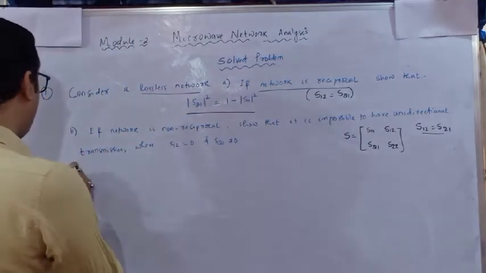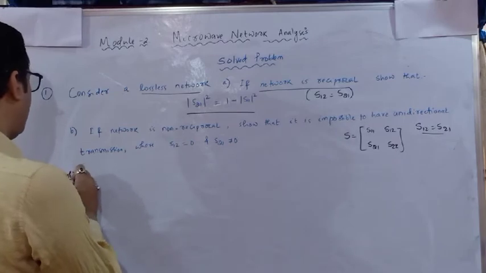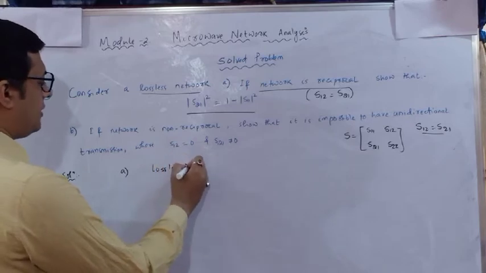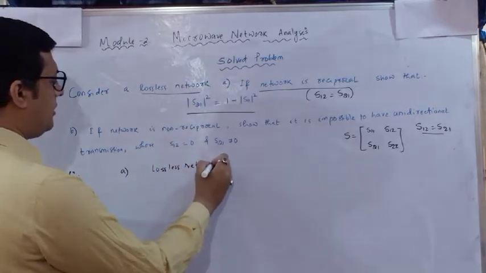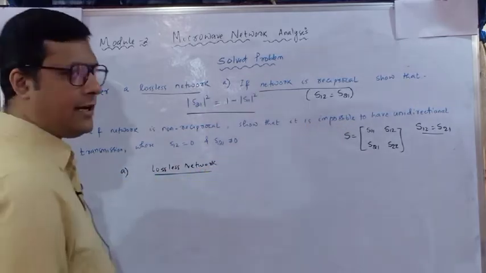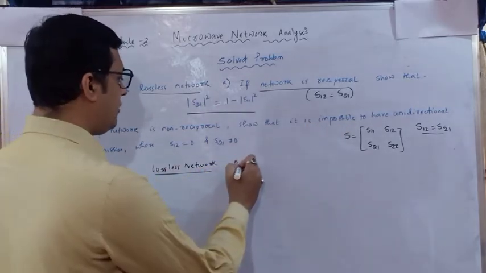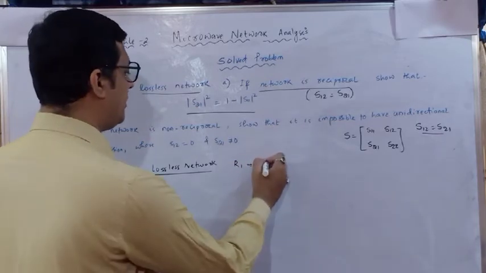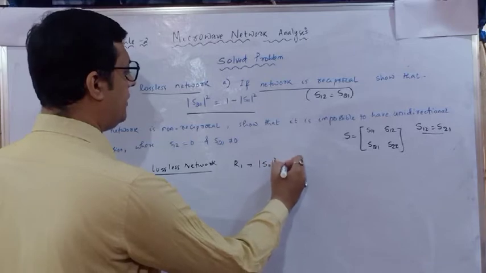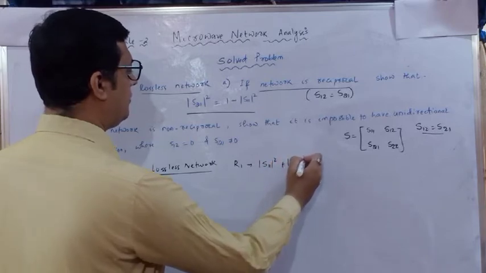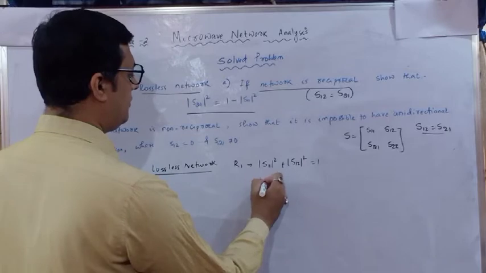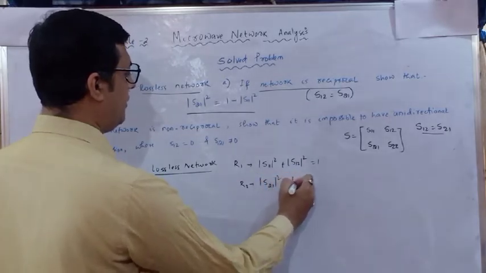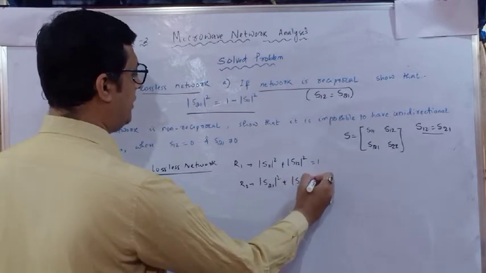So first I am going to solve the first part, that is A, the lossless network. So what is the lossless network condition? If this is the scattering parameter, then if I consider any row or any column, the sum of squares must be equal to 1. So mod S11 square plus mod S12 square must be equal to 1, and for row 2, mod S21 square plus mod S22 square is equal to 1.